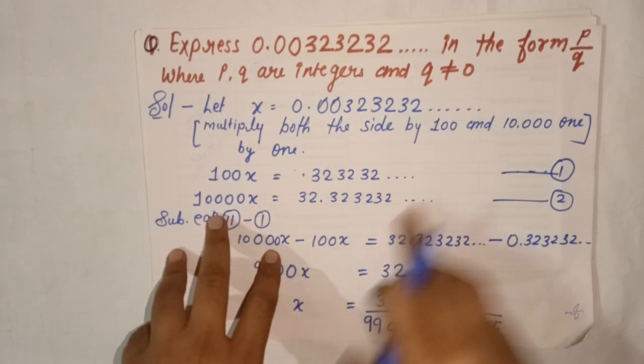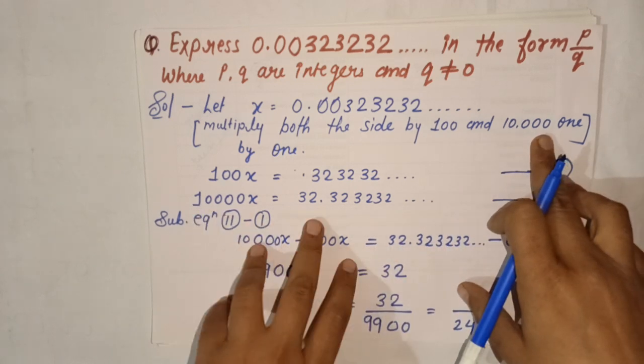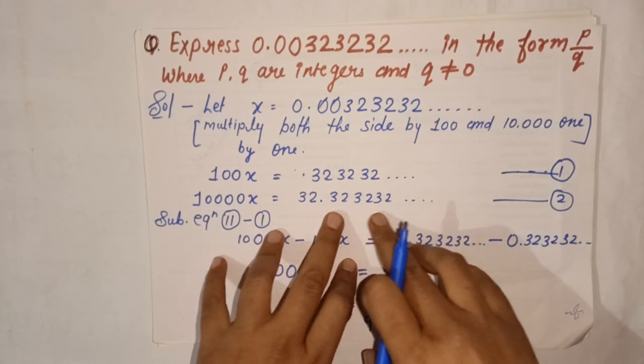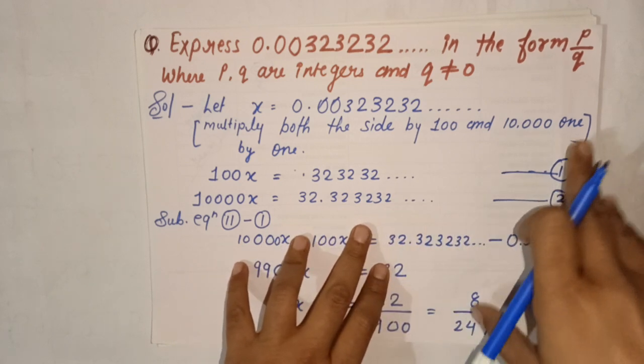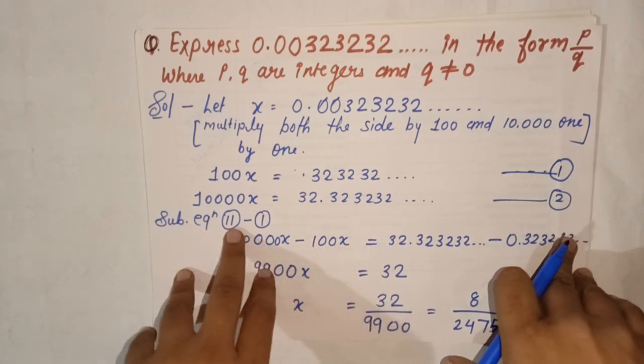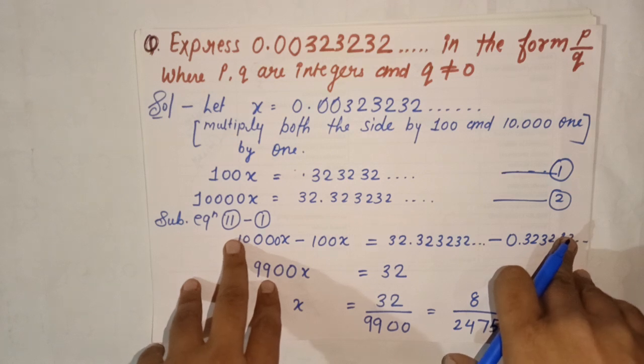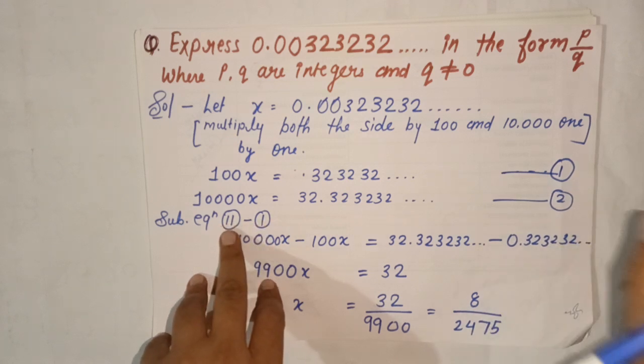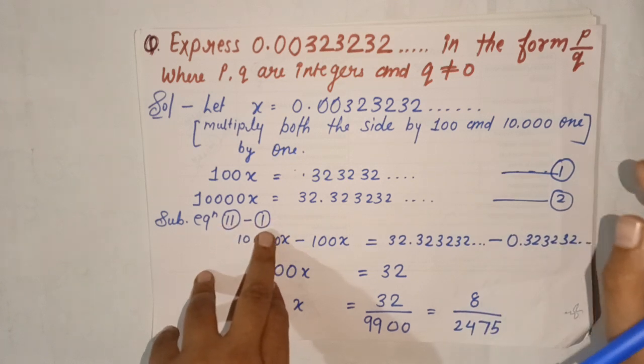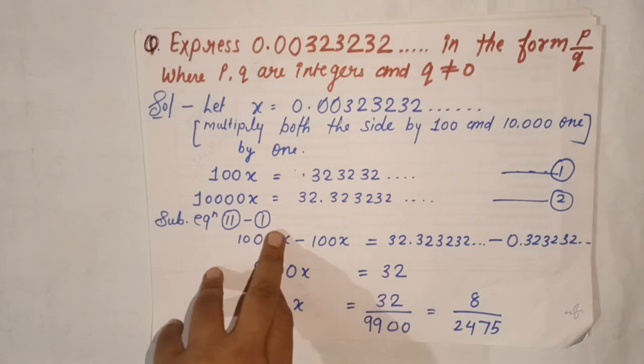Now when we multiply by 10,000, we will get 32.323232 and so on. This will be our second equation. So we got two equations. We have to subtract the first equation from the second one.